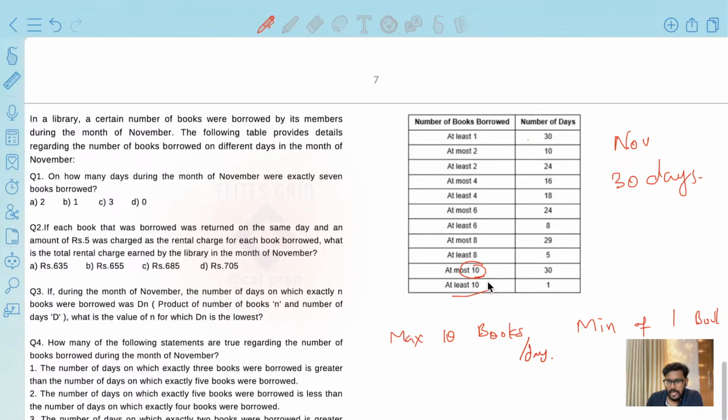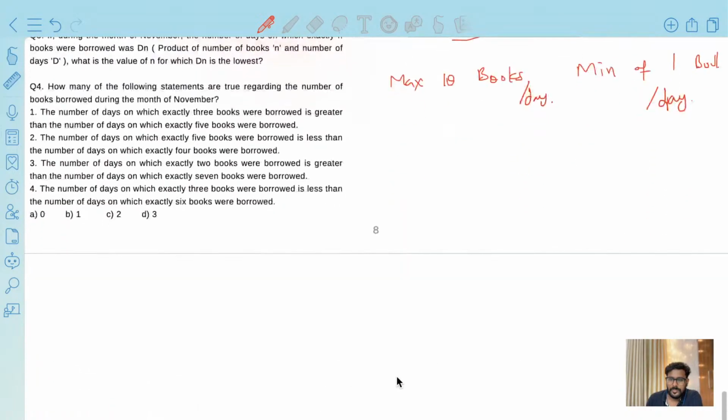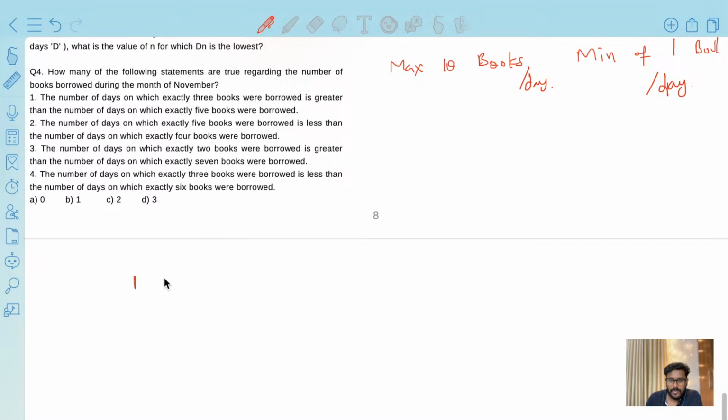At least 10 books. Okay, so 10 books. I think we can put somewhere 1, 2, 3, 4, 5, 6, 7, 8, 9, and 10.